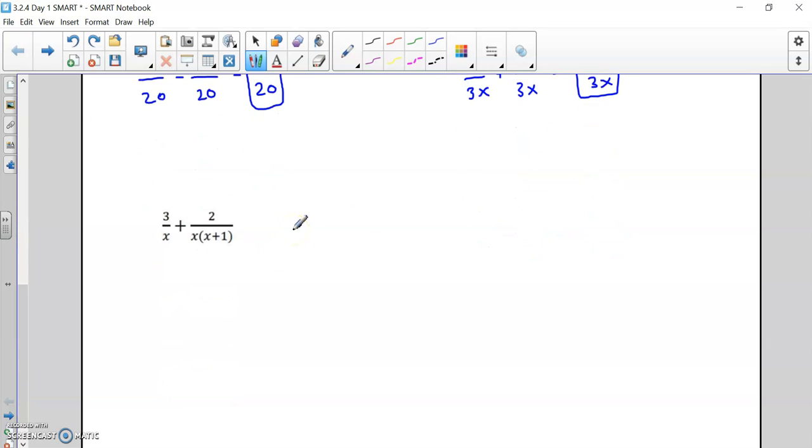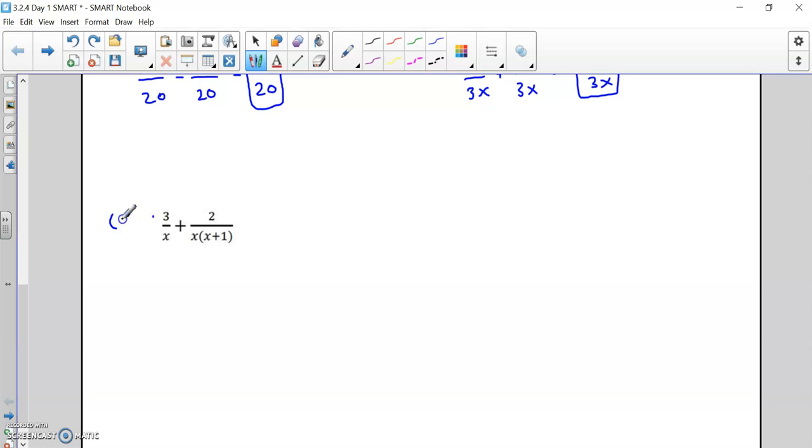Okay, this one's slightly more difficult. It's a little bit more involved, but the process is the same. So here we have a denominator of x, and then here we have a denominator of x times x plus 1. So if only this fraction could have a denominator of x and x plus 1 too, since it already has an x. So what we can do is just multiply this fraction by what it's missing. It has an x, just like this one, but it's missing an x plus 1.